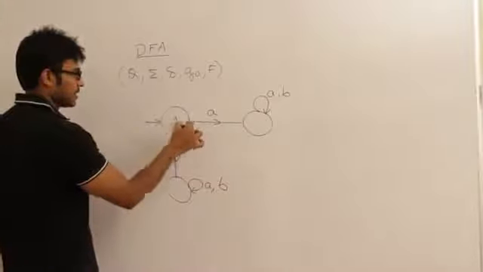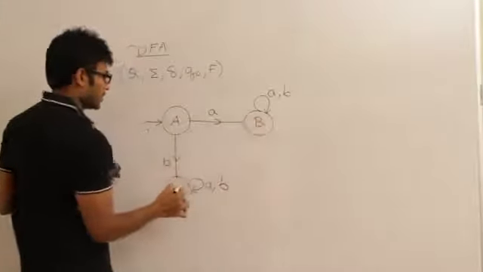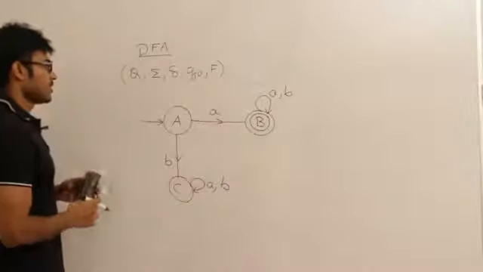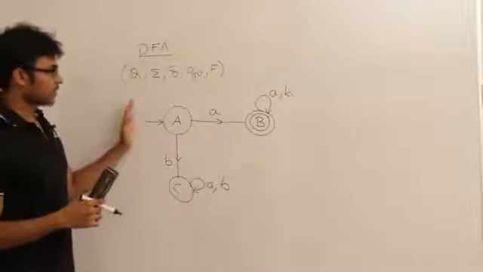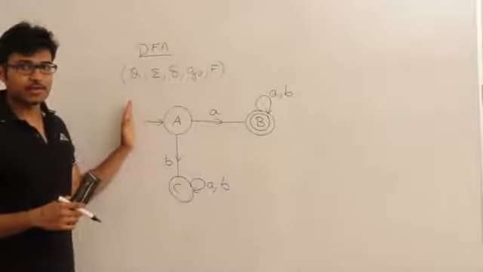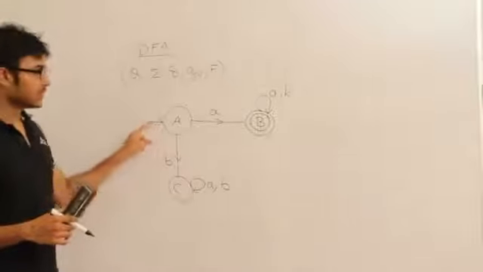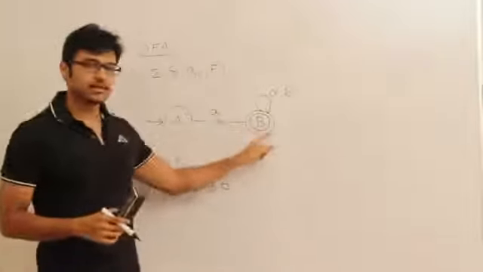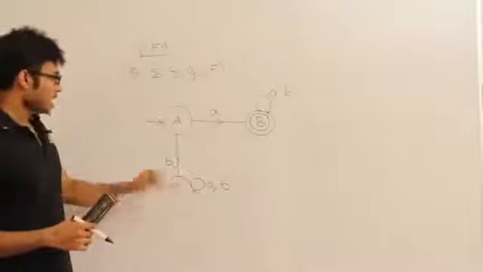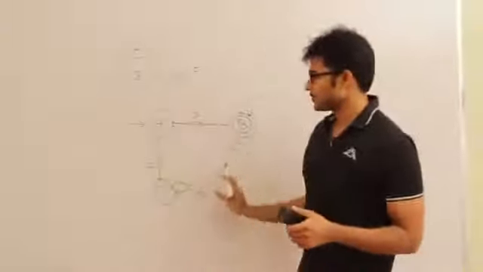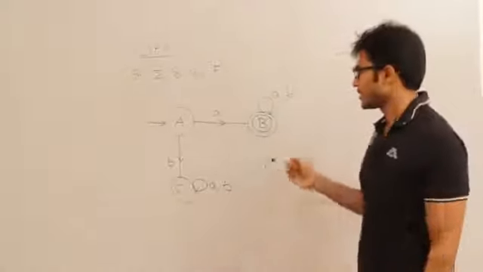This is A, B, C. Let us say B is the final state. Whenever I am writing this diagram, which is also a transition diagram, I will use this arrow to represent the initial state, and double circles to represent the final state, and all the other states are simply other states.